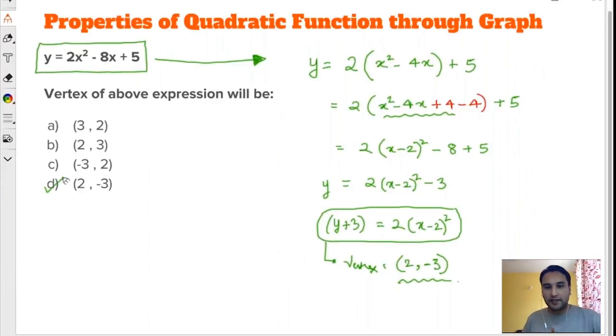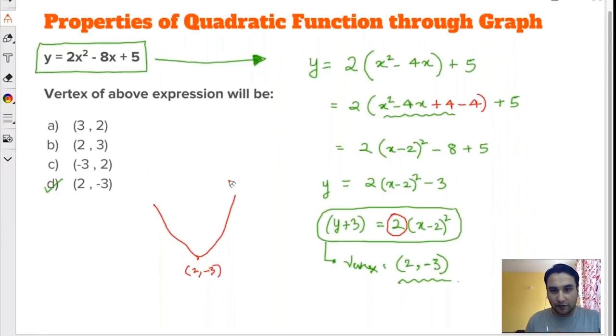So this is the answer. But now can you visualize the graph? What is this 2 doing? Actually the graph shifts towards 2, minus 3, something like this graph. 2, minus 3. So if this is the graph of y plus 3 is equal to x minus 2 whole square, then our graph is actually a bit steeper.